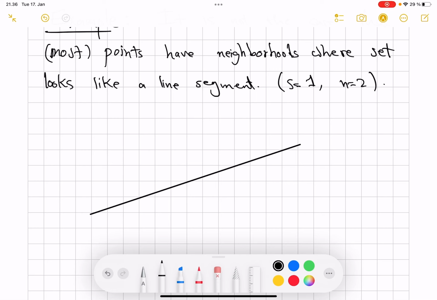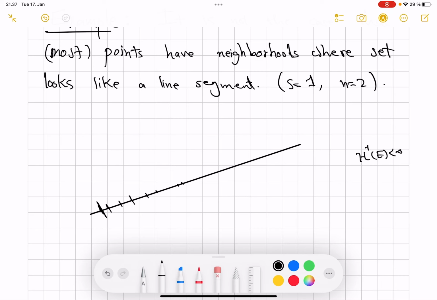The way to construct this example is to take a dense subset, for example, the rational values. Of course, I can't draw all of them, and add branches at those points. But they have to have varying heights, and most of them have to be very small, because at the end of the day you want H1 of the set to be finite.